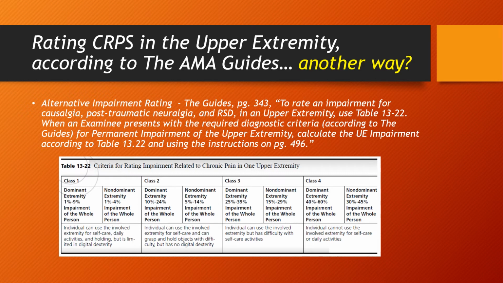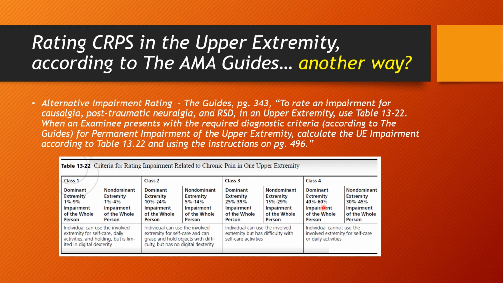Now let's remember, Chapter 13 doesn't deal with either upper extremity or lower extremity, but it deals with problems arising from the central and peripheral nervous system. If we take a look at these, we can go from 1 to 9% in the dominant extremity, all the way up to 40% to 60% in a dominant extremity.